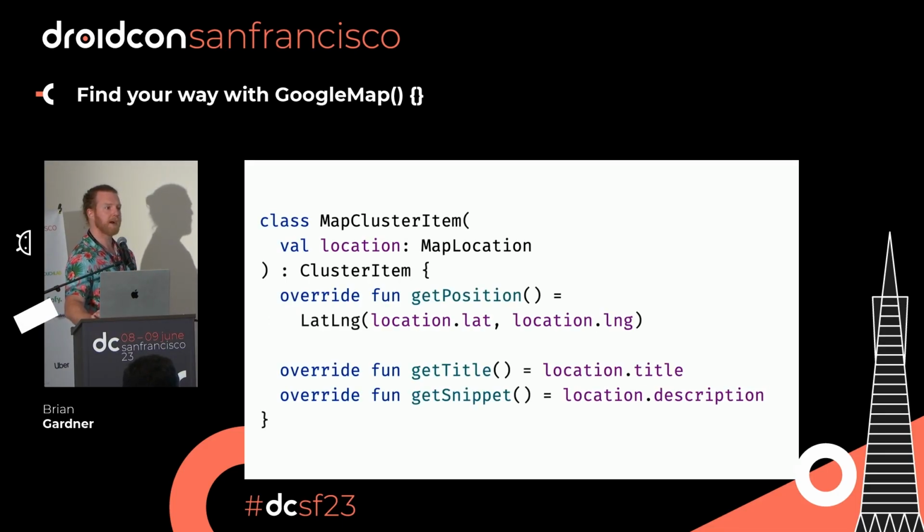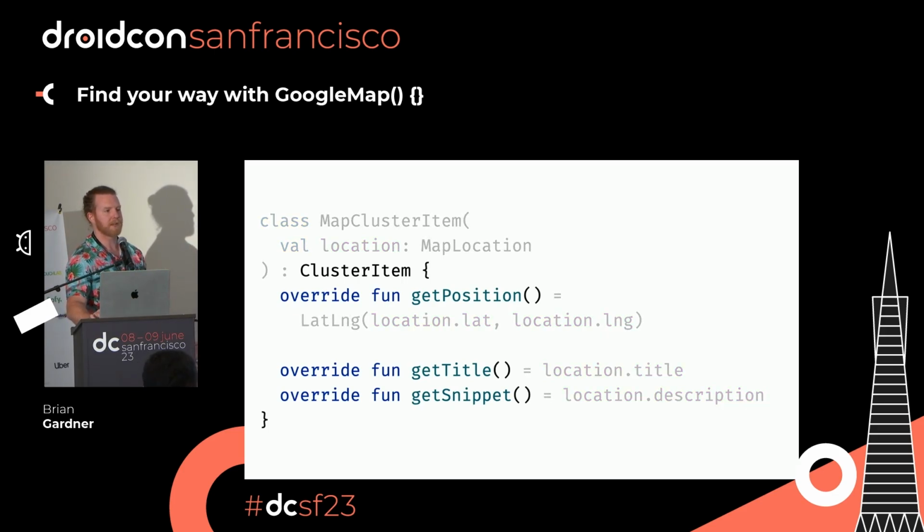So for your cluster item, there's basically three things you got to override. It's just an interface. You got to specify your position, a title, and a snippet. Title and snippet are optional. Those basically pop up in the info window for you if you just want it to look like the default, but you can just provide null there if you want to handle that yourself.